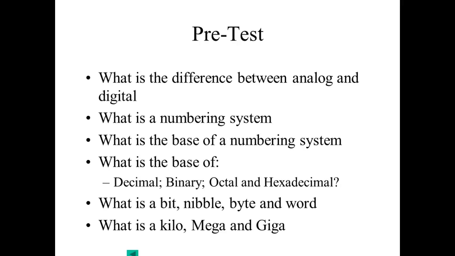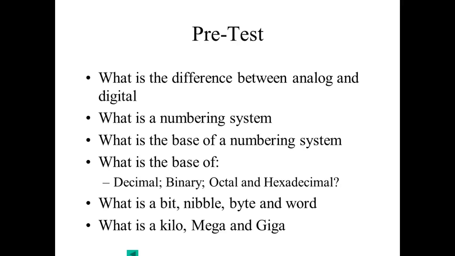Base is basically what we use to calculate the weights, but technically the base gives us the number of combinations a single digit can have. So if we have what we call a base 10 system, it means a single digit can have 10 combinations, and those 10 combinations would be 0 through 9. Binary is base 2, so it can have 2 combinations.